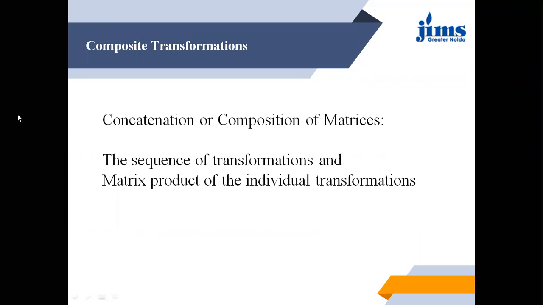Then the last topic of the transformation is composite transformation. Composite transformation means when we have to perform one transformation after another transformation. As we studied, there are different types of transformation.